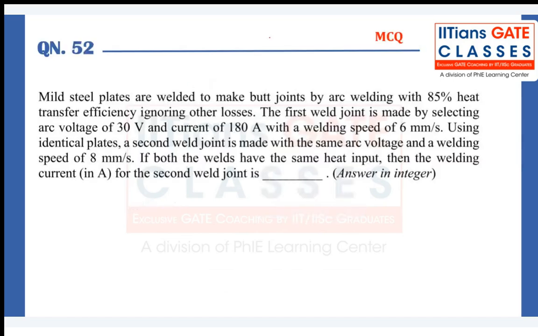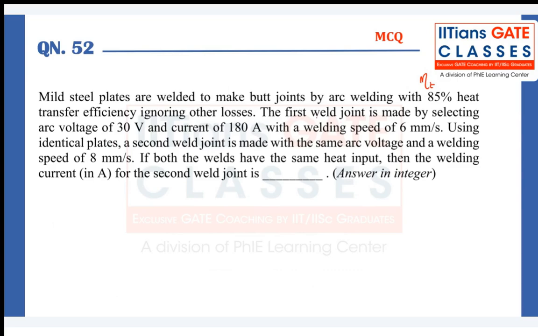Now question number 52, an MCQ. Mild steel plates are welded to make butt joints by arc welding with heat transfer efficiency 85%. Ignoring other losses, two weld joints are there, guys.